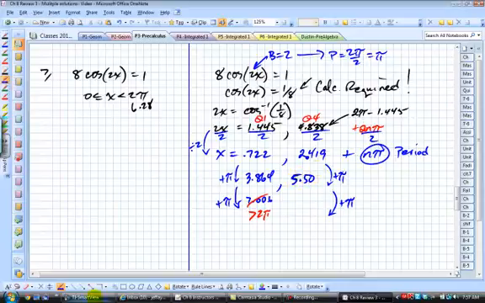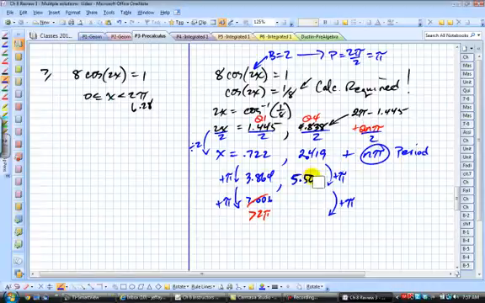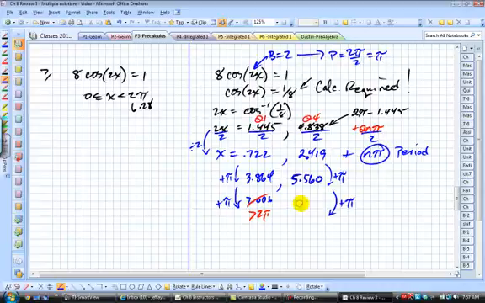And then my last one here is 8.702, but again, I'm not going to consider this one because it's greater than 2 pi. We want it less than 2 pi, 6.28. That's what this means.